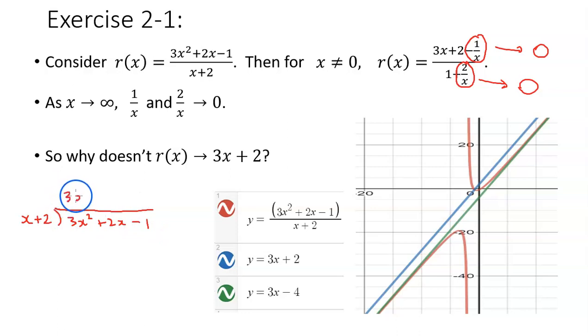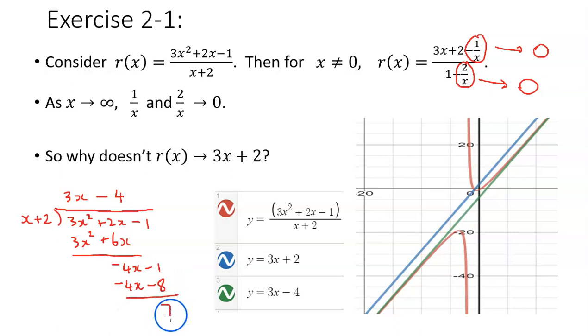So 3x, 3x squared plus 6x, and then subtract, and we get minus 4x minus 1, so then minus 4. And so minus 4x minus 8, and then our remainder is 7.